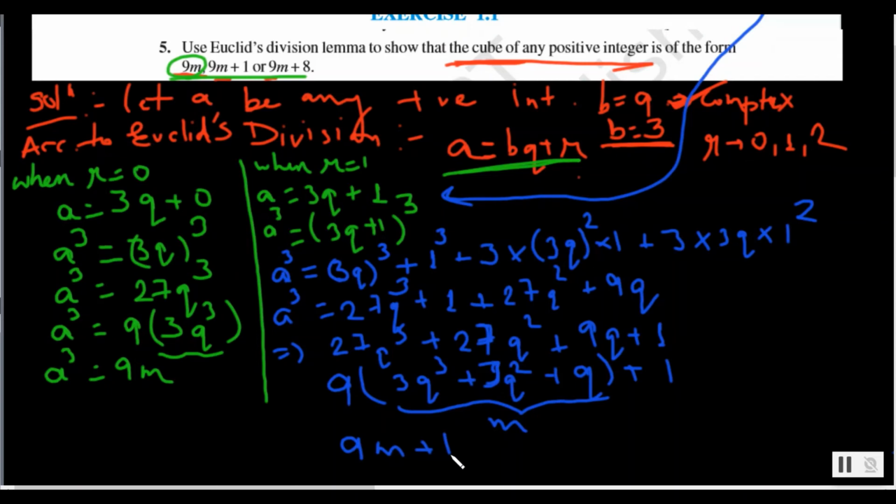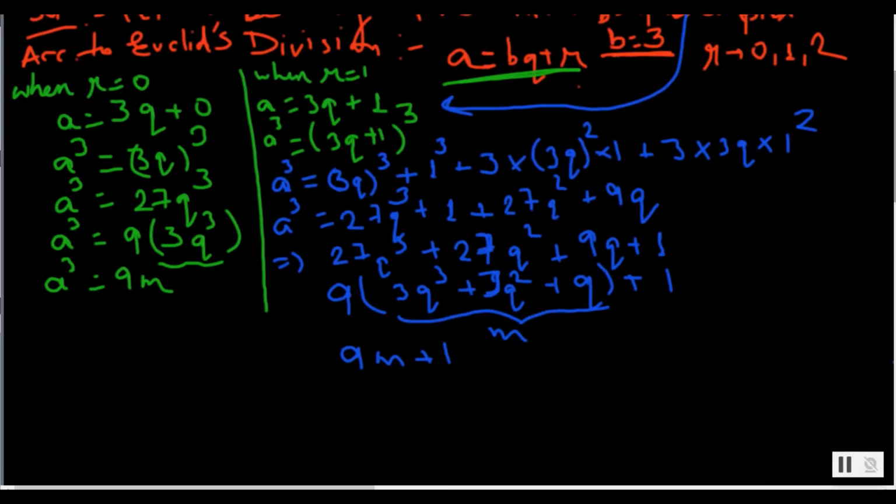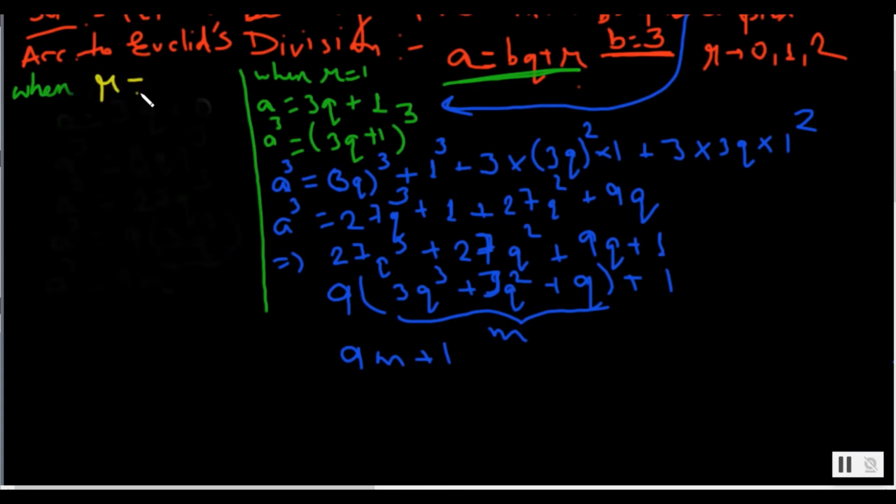Again we will do it for when r equals 2. When r equals 2, it will be a equals 3q plus 2, cubing both sides.